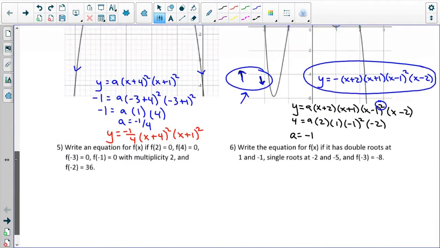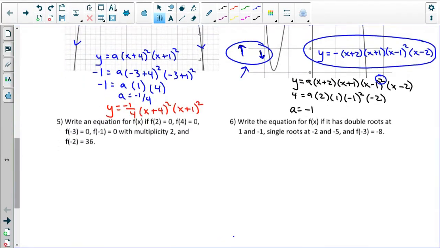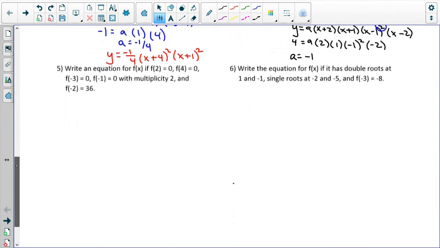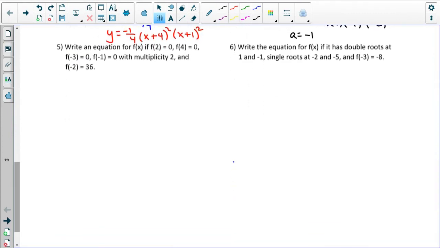Okay, problems 5 and 6. There we are. Write an equation for f of x if f of 2 equals 0. So notice that means the point 2, 0 is on the graph. F of 4 equals 0 means the point 4, 0 is on the graph. I also know -3, 0 and -1, 0 are on the graph.